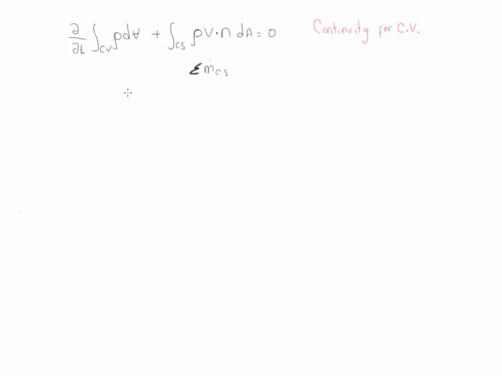So in the same way as the unsteady case, the first thing that we need to do is solve this integral, and this is always going to reduce to rho times the volume that we have, and this is going to be equal to the mass flow rate at 1 plus the mass flow rate at 2, and both of them are positive because they are outgoing mass flow rates.